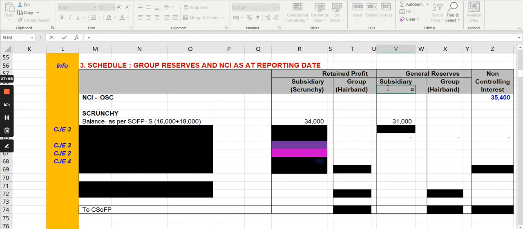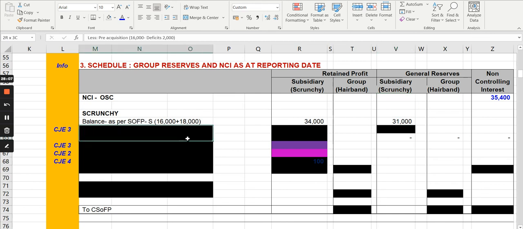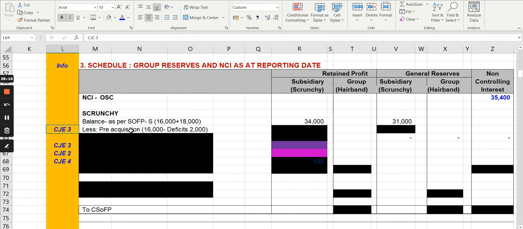The subsidiary is Scrunchy. Okay, so you put that column, and then start by doing your consolidation journal. Consolidation journal that you have done earlier was the one related to deficit. So the pre-acquisition profit also will have to deduct the deficit here.